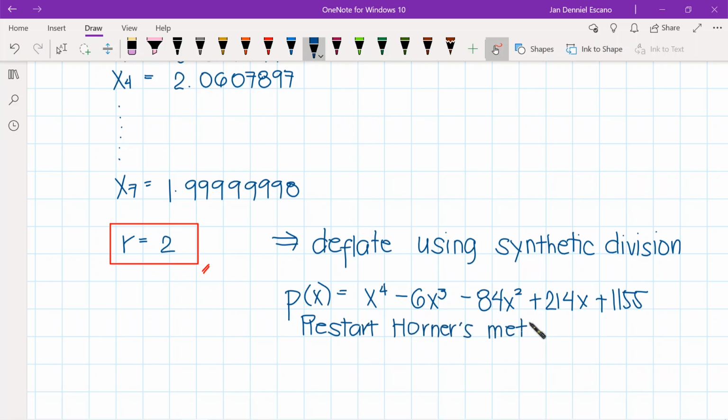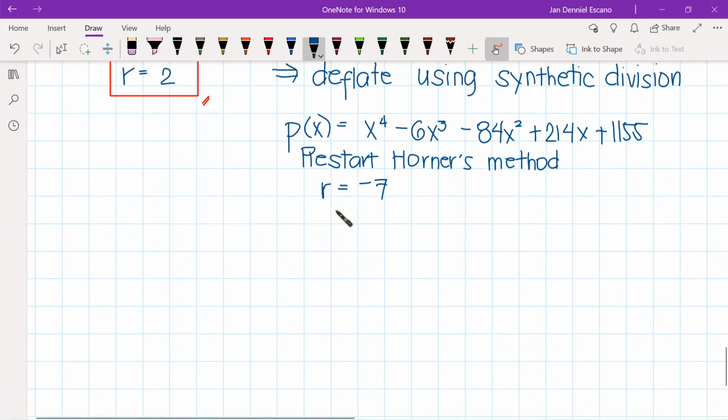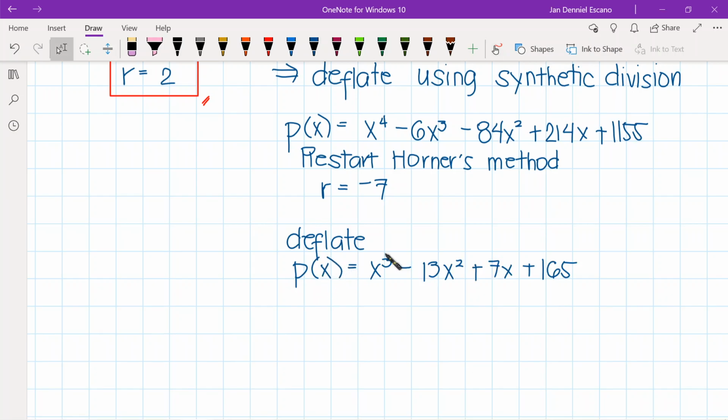We solve for another root, which is negative 7. And then we deflate the equation again by using synthetic division, dividing it by this root. So it becomes x cubed minus 13x squared plus 7x plus 165.